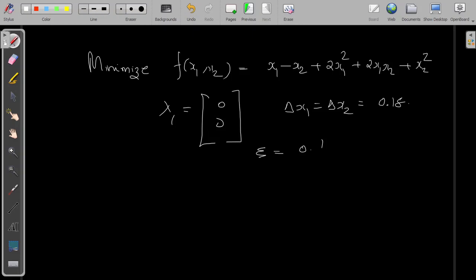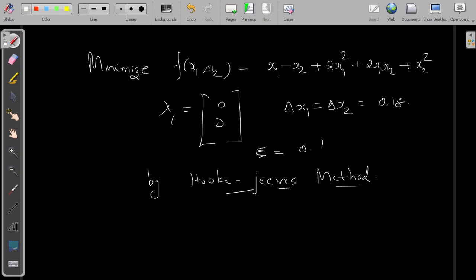Minimize this function. There is no constraint, so it is an unconstrained nonlinear programming problem.